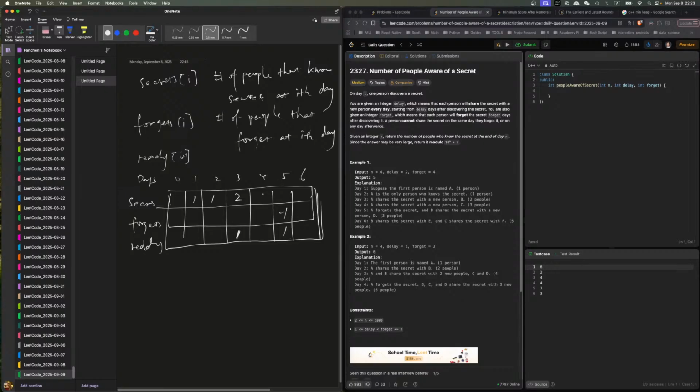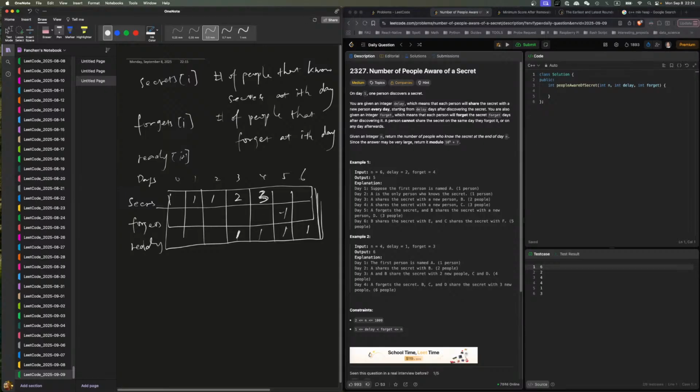And then on the 4th day, we have 2 people. Oh, ready, we actually move on here, we have 1, right? So this one will have ready plus 2 is 6, which means on 6 we have 1 person ready. So here is going to be 3, right?